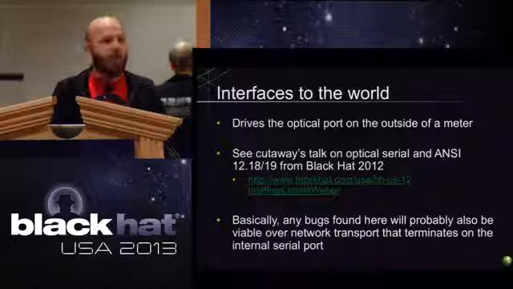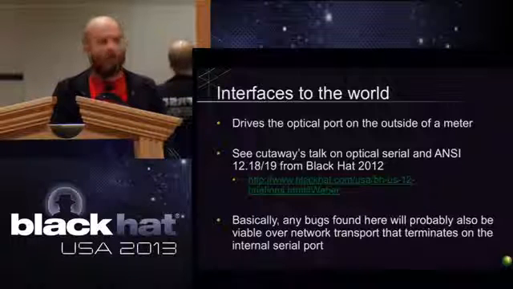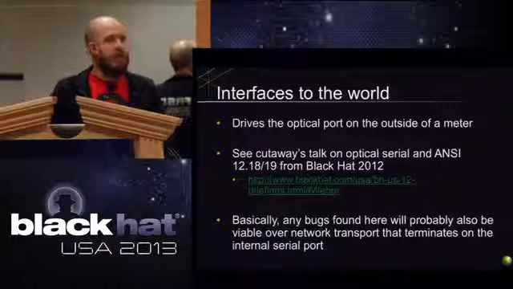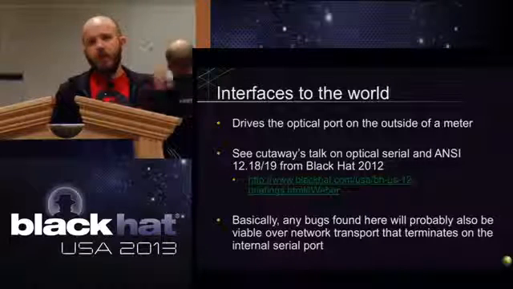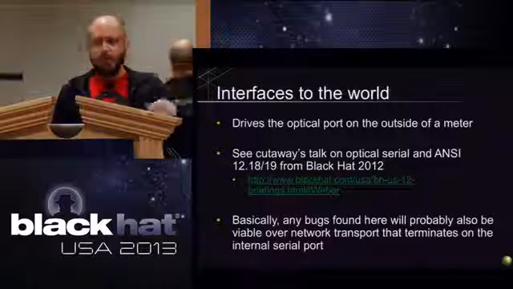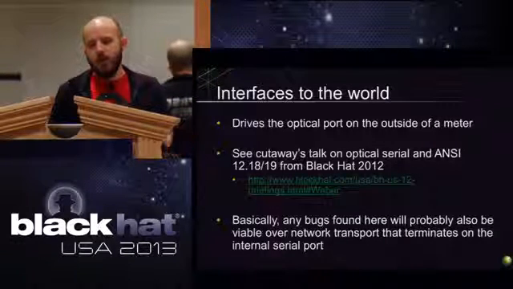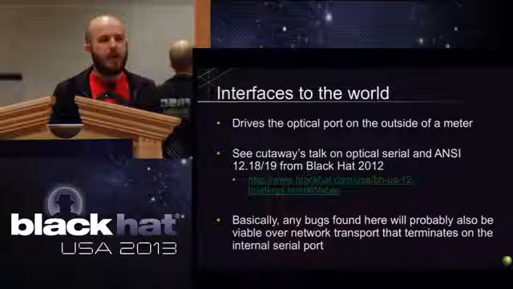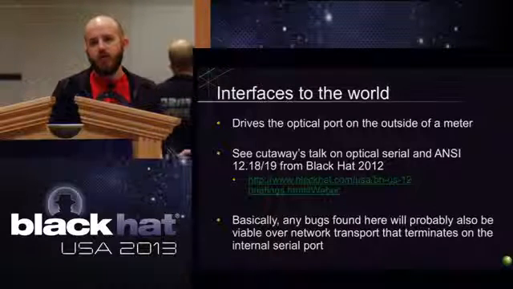Any bugs found on that side will likely be found on the inside, because of the way the standards work. They're using either the same or a very similar ANSI standard on both ports. So whatever you're able to find on the outside via Cutaways' tool, for example, something very similar would likely be triggerable over the network side.